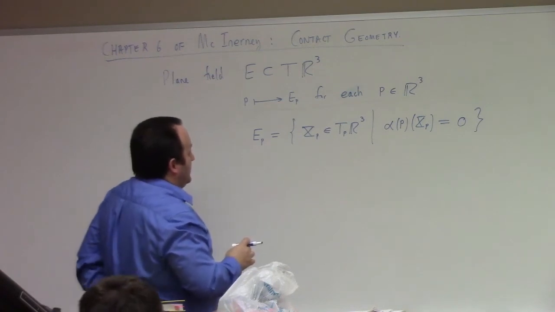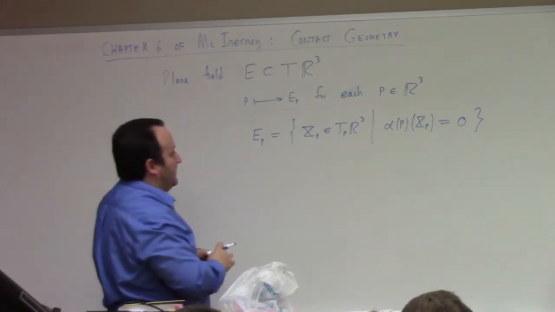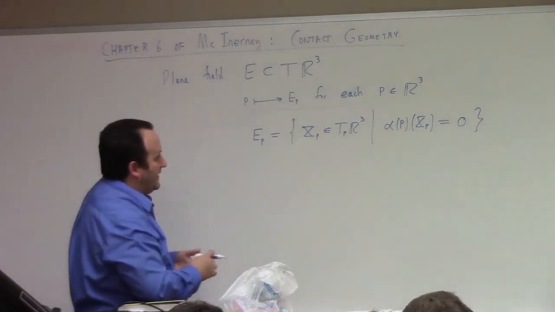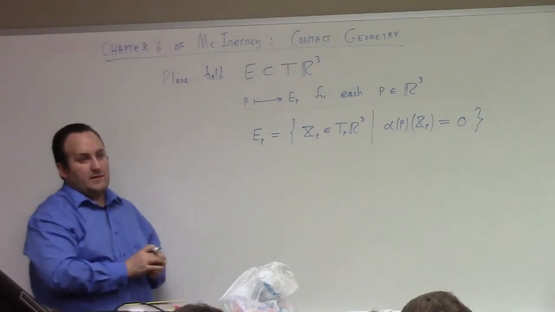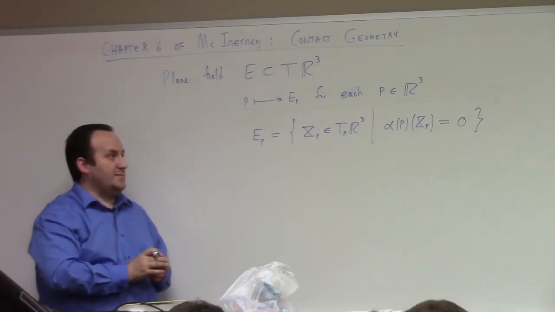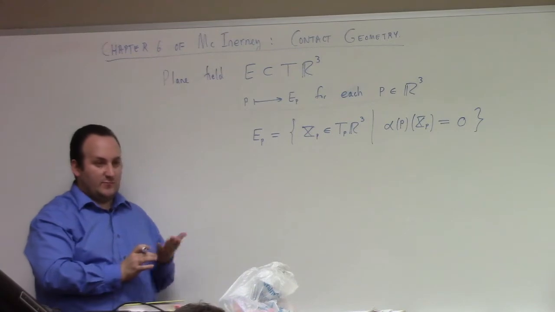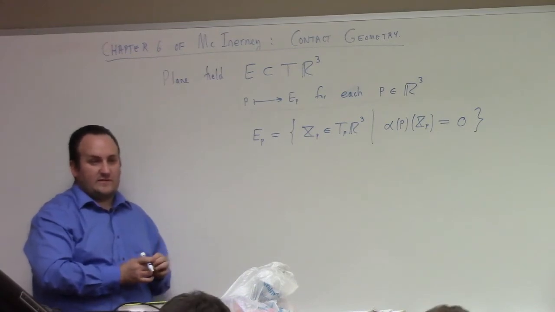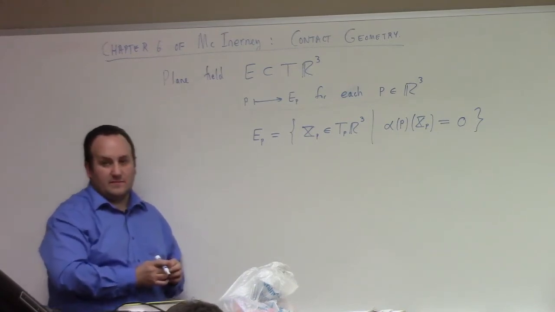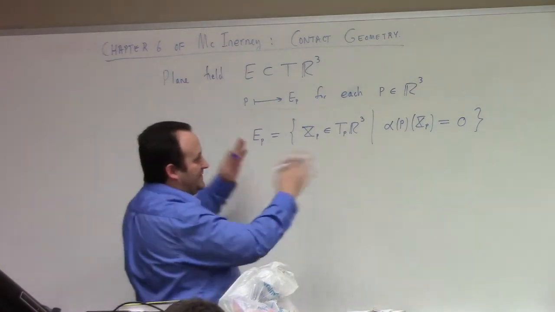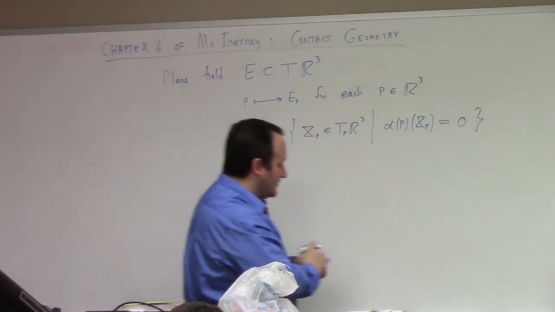Like I was saying, we could describe E_p as the span of a pair of linearly independent vector fields at each point. But at the same time, you could describe them as being things which a particular one-form alpha sends to 0. What would we call this then? What would this thing be? Another name for this would be what?